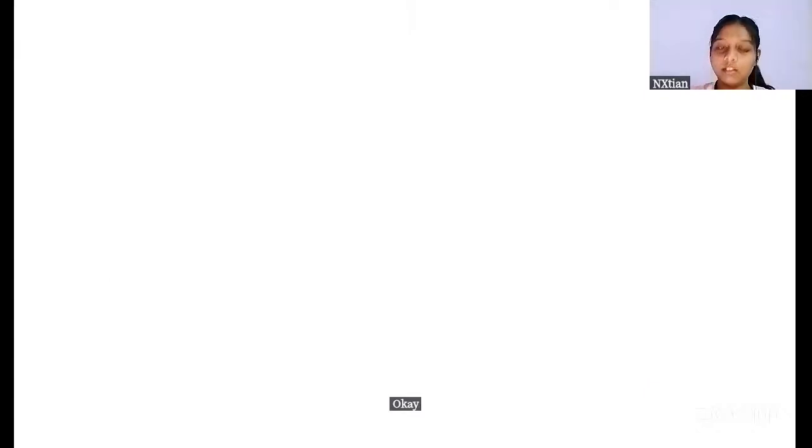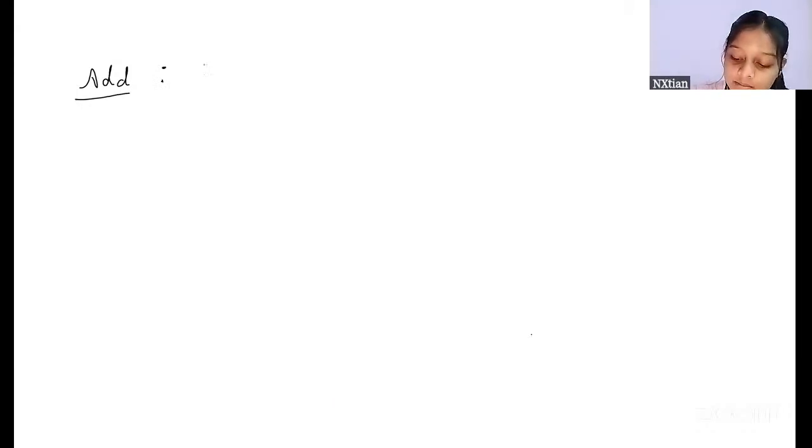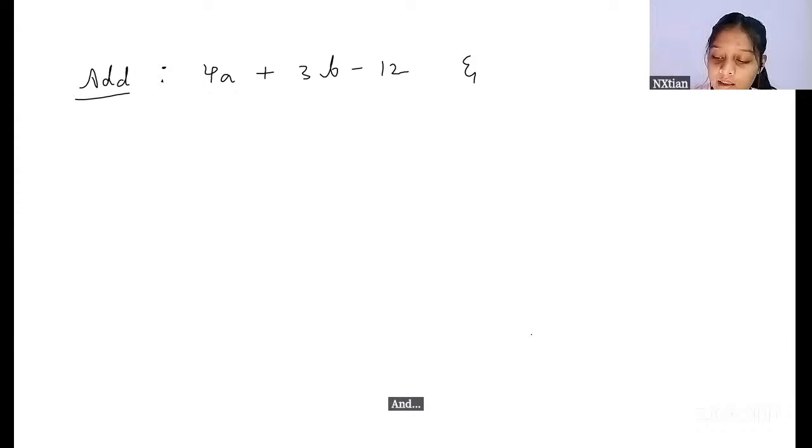Okay, let's see the next method. Now I have two expressions to add, where I'm going to use the column method: 4a plus 3b minus 12c and 2a minus 5c.